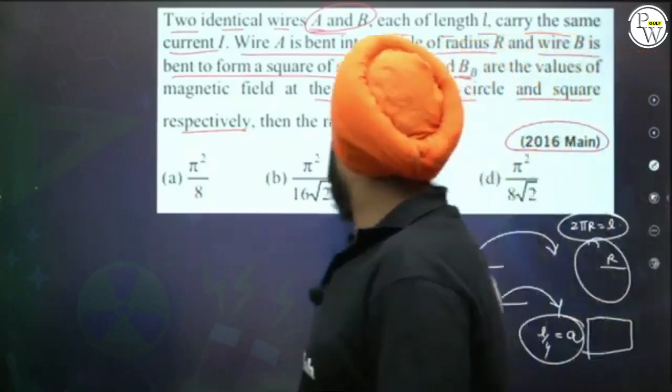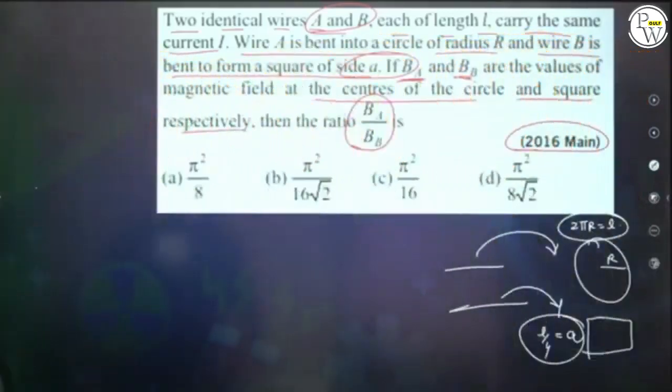Now the two identical wires, one of radius a, and second is of the each length. Okay, we have done a mistake. So yes, same into that part.